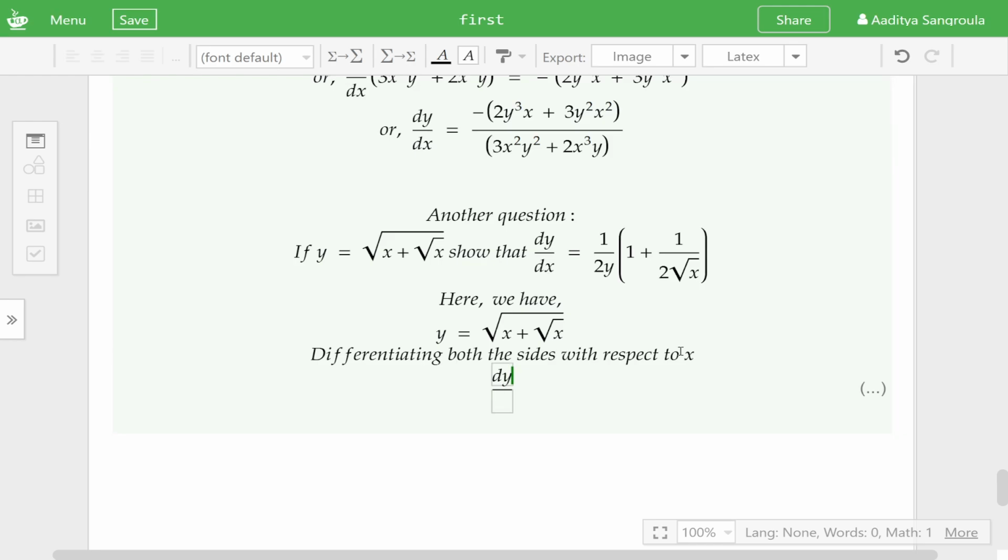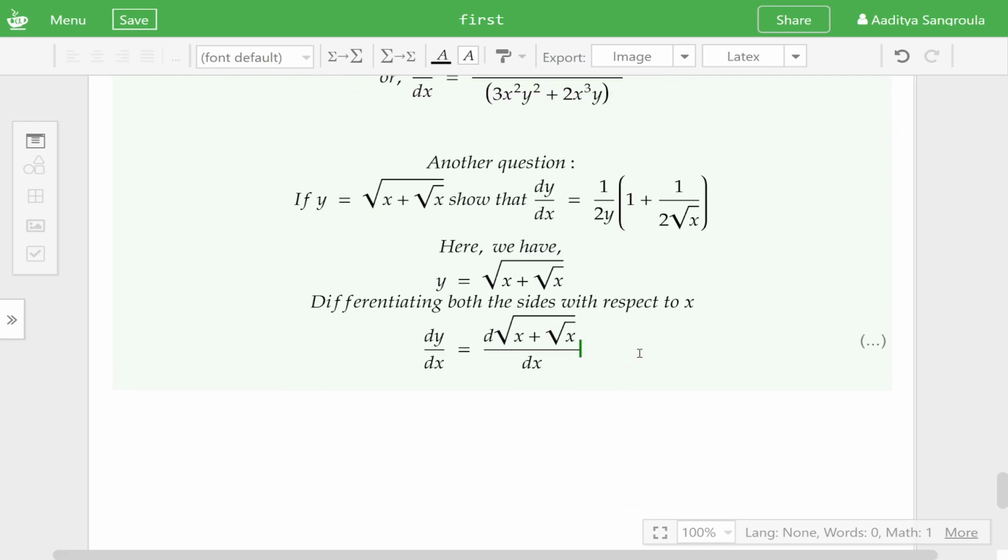So differentiating both the sides with respect to x, we get dy over dx, that's d of the square root of x plus the square root of x over dx. Now we need to differentiate the function, right? Now this looks a bit tricky, and we'll figure out a way together.